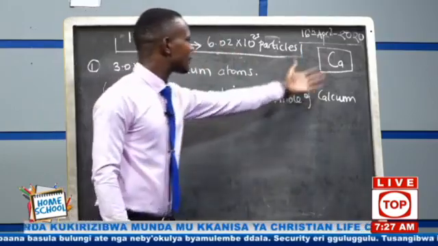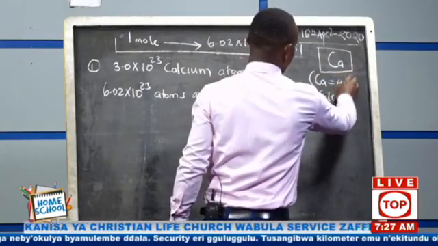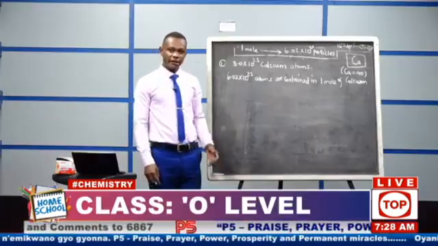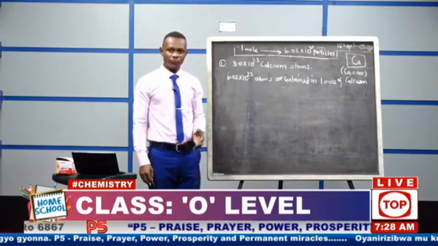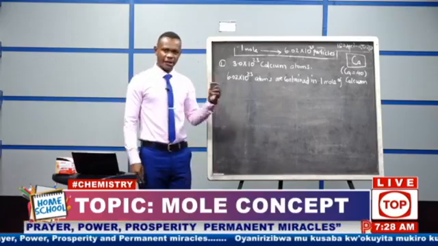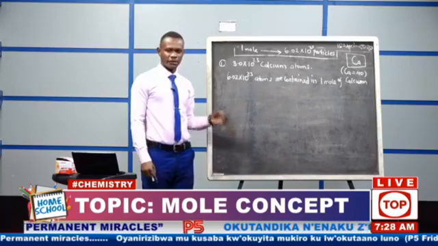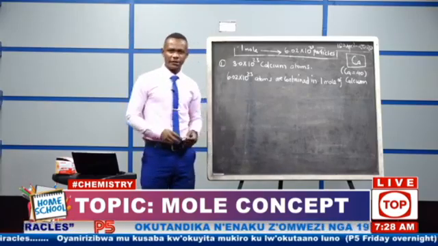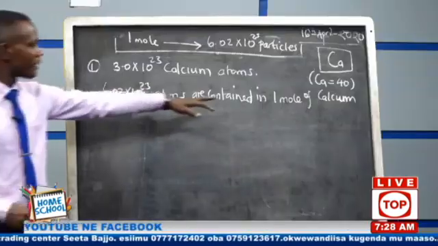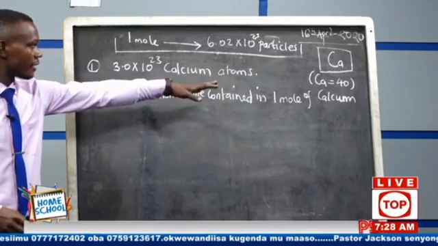That means now if it is 1 mole and in the brackets they have said calcium is equal to 40, okay? And remember, when we were starting this lesson, we said the relative atomic mass or the relative molar mass is equal to the atomic number, is equal to the number of particles, given in units of grams. Once you have calcium equal to 40, that is the atomic mass.